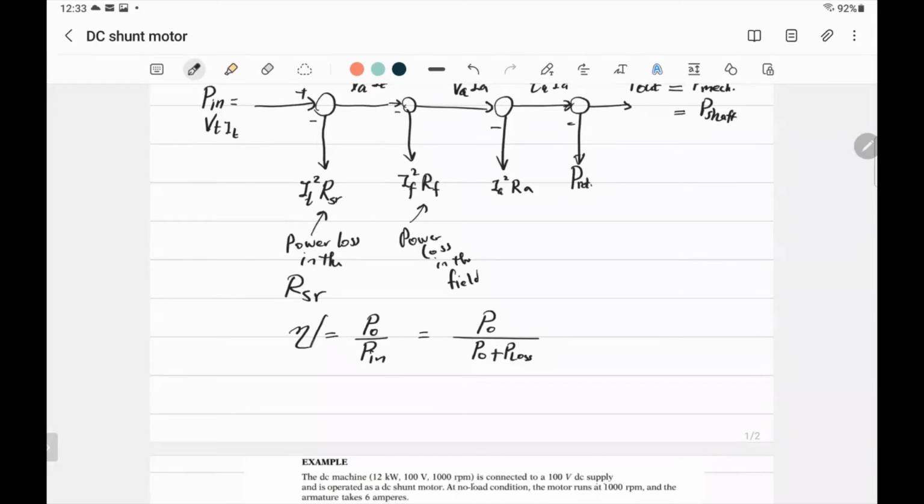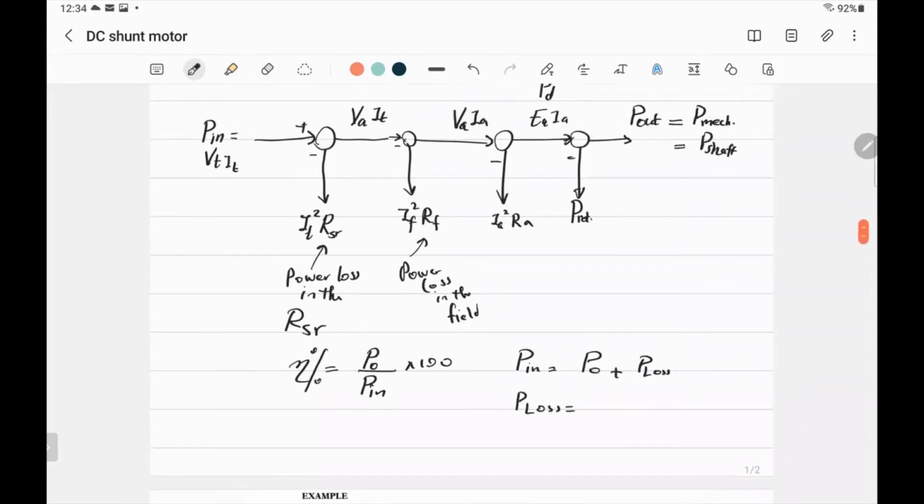If you want to make it a percentage, that would be times 100. And if you want to calculate the input power, it's equal to the output power plus the loss.